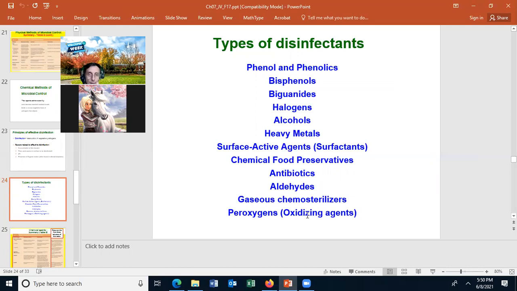Generally speaking, these agents are not given to people. You could treat the skin of patients with things like halogens and alcohols, but except for the antibiotics and maybe some food preservatives, patients would not be given these agents internally. Any question about any of that?